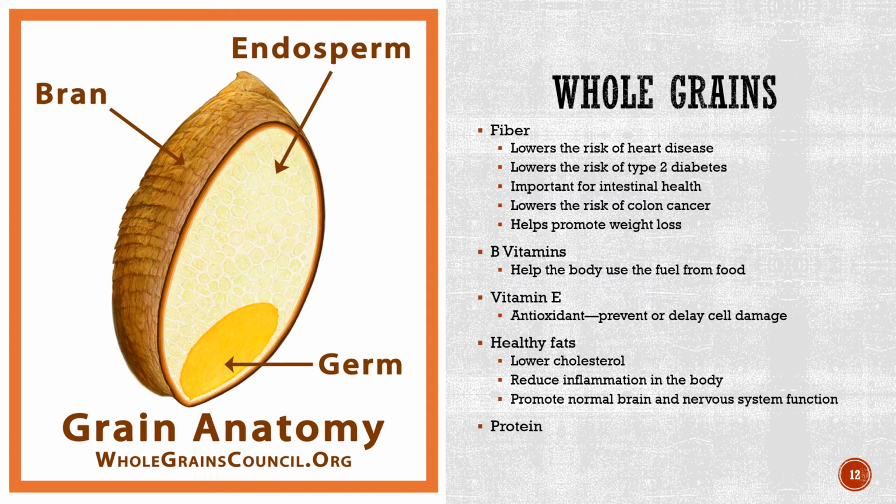And proteins are even helpful in regulating fluids, and they help with our electrolyte balance. And those are just a few things that proteins do. But overall, with the fiber, the B vitamins, vitamin E, healthy fats, and proteins, all those work together to make whole grains a healthy food choice.